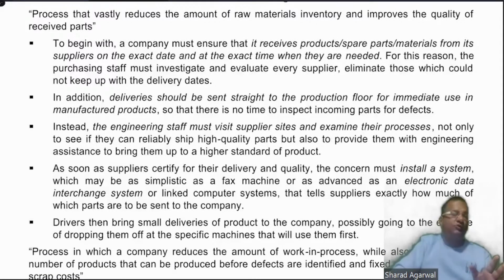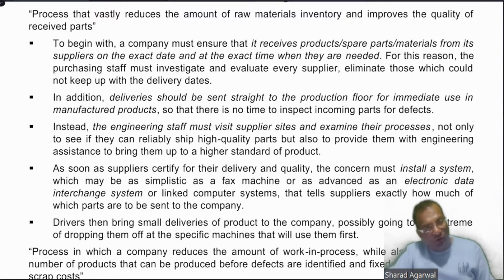Without the support of the supplier of raw material, you cannot even imagine to get the benefit of just-in-time system. To implement the benefit of just-in-time system, it is very, very mandatory that supplier is with you always 24/7. Then only you can implement the just-in-time system.